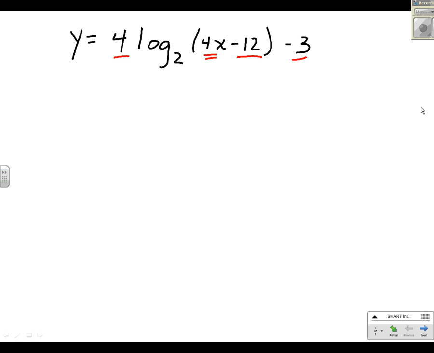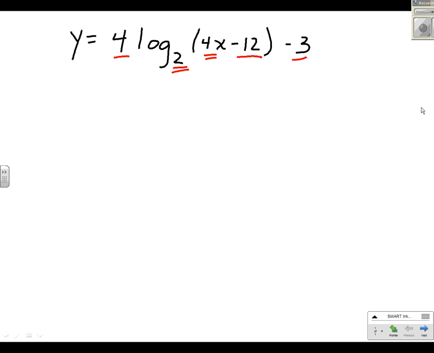So here is the process that we could go through. We could start choosing values for x and hope that 4x minus 12 became good values. And by good values, I mean powers of 2, convenient powers of 2. Or we could be a little more clever. This is a process I call rubber stamping, and we'll get into this quite a bit in trigonometry.